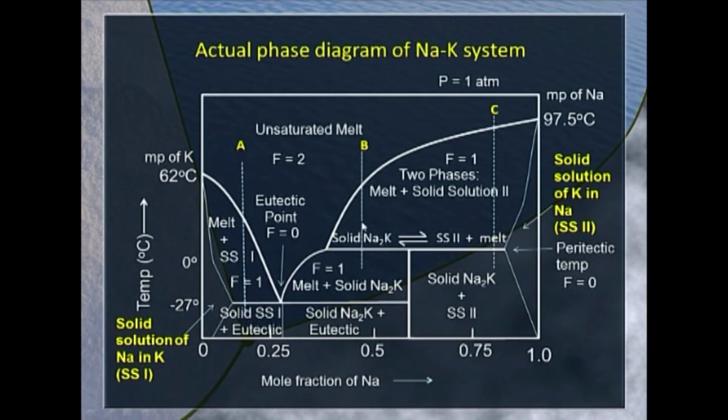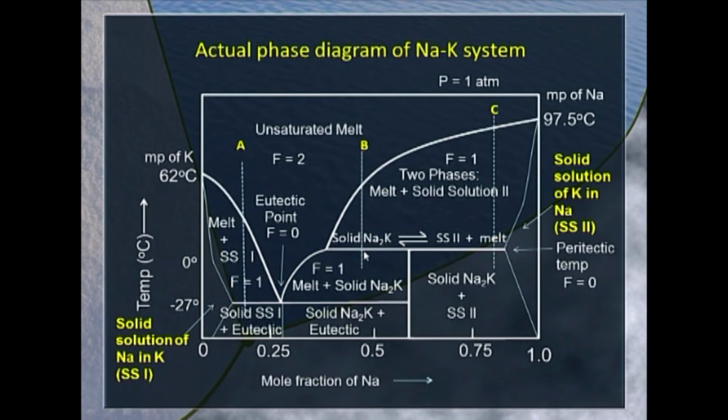More and more of solid solution 2 comes out, and this continues till we reach the horizontal line corresponding to the peritectic temperature, at which another solid makes its appearance. In this case, the compound Na2K. The system becomes a 3-phase system.